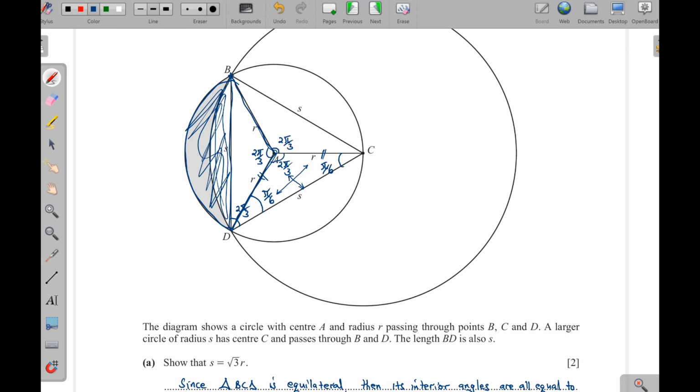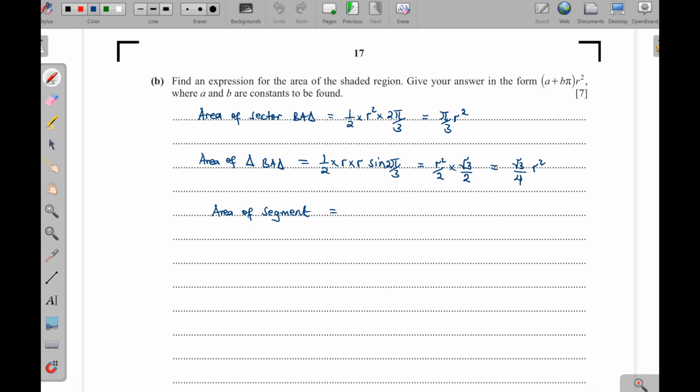The area of that segment BD is going to be equal to the area of the sector, which is pi over 3 r squared, minus the area of the triangle, which is root 3 over 4 r squared, which I can write as r squared times pi over 3 minus root 3 over 4.